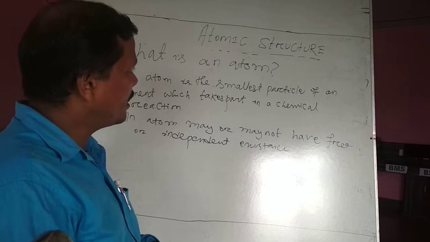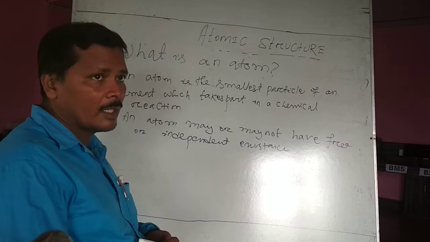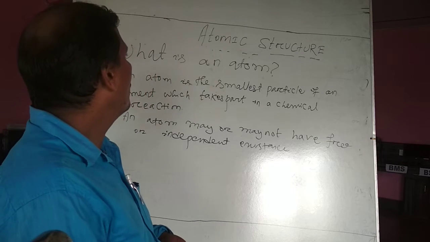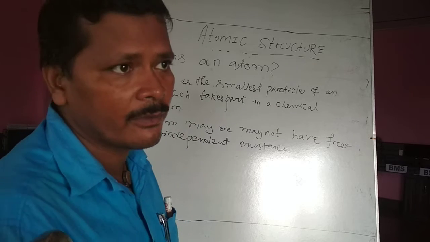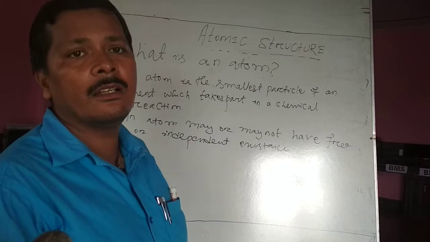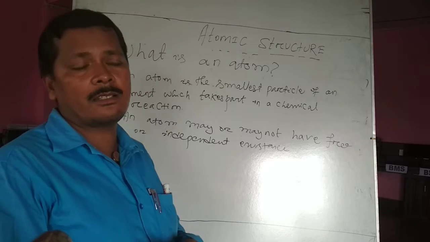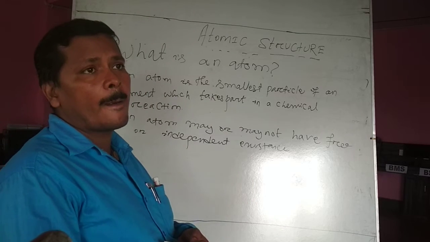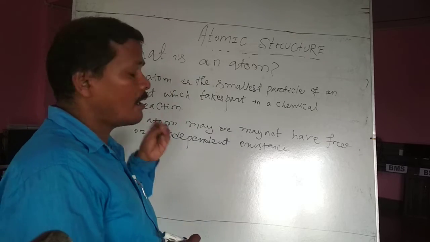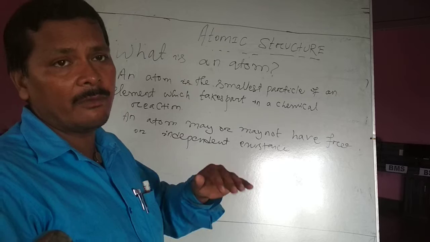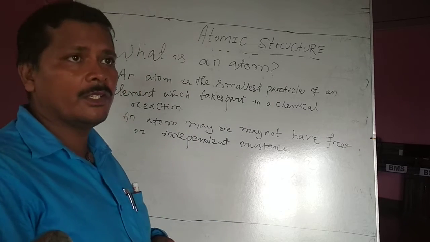But we are interested in how an atom has been composed of. Structure of atom means how the atom has been composed of. What are the fundamental particles of an atom? What are the basic constituents by which an atom is formed? Those things we will discuss now. Electron, proton, neutron. These are the main fundamental particles by which an atom is composed of.